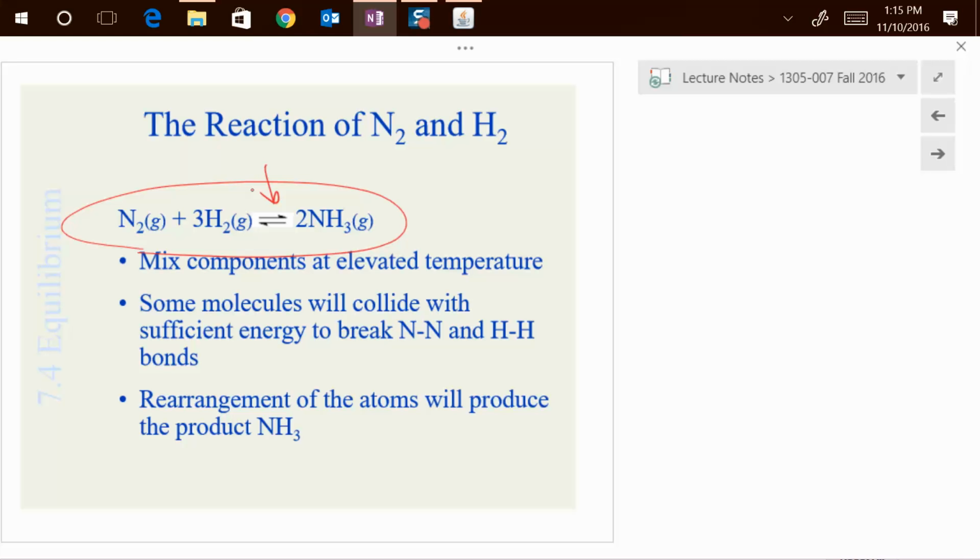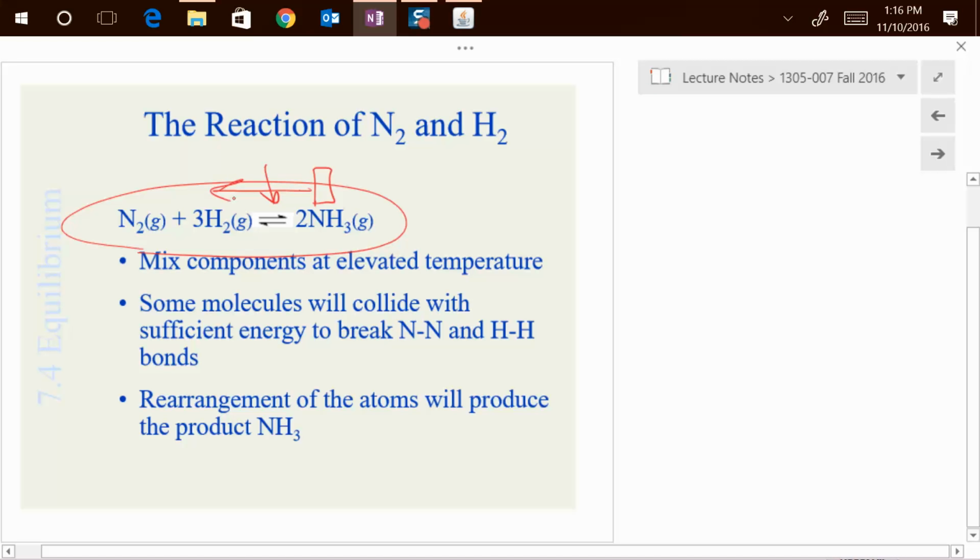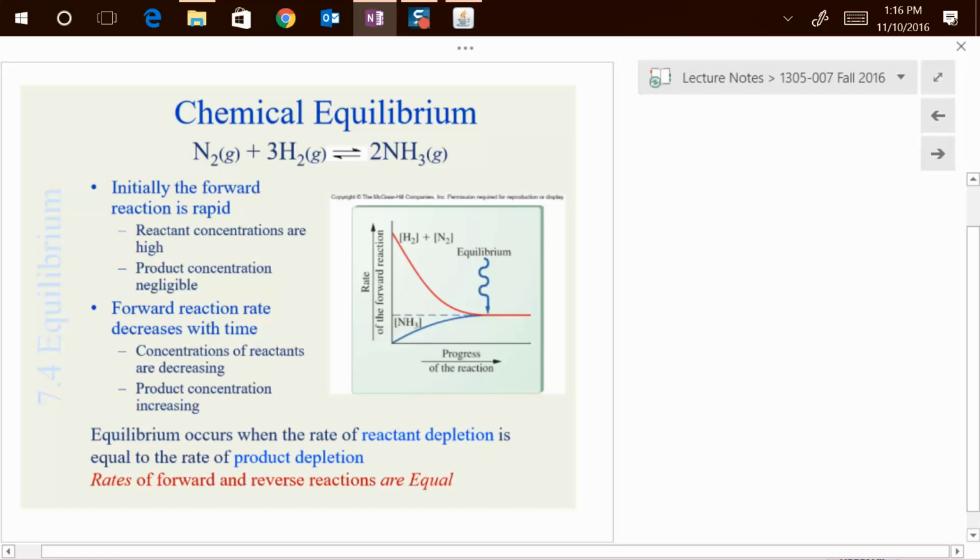But then ammonia itself can decompose back into nitrogen and hydrogen. And there will be a rate at which that happens. So once I start to build the concentration of NH3 up, eventually it's going to push backwards. And once I get enough of it, it's going to push backwards fast enough that it will match the rate of the forward reaction, until that equilibrium is established.